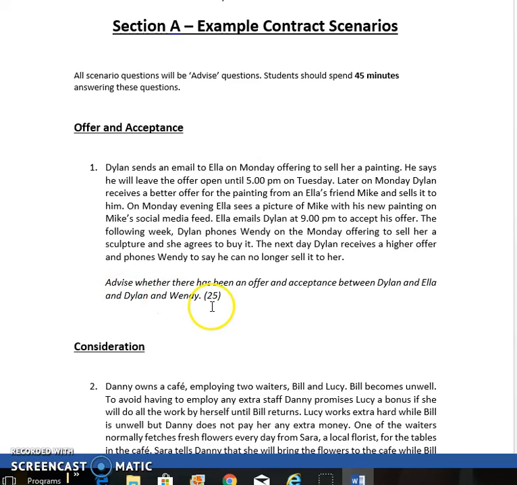And you can see there that it's a typical advise type question where not only must you explain what the law on offer and acceptance is, you must also apply that law, in this case to these characters, Dylan, Ella, Dylan and Wendy, to say whether there has been a valid offer and acceptance or not.